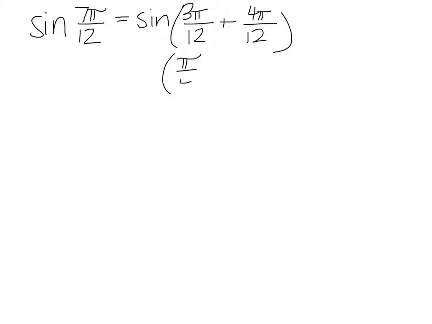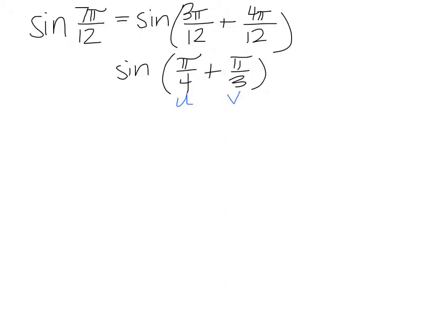That's on our unit circle. What does 4 pi over 12 simplify to be? Pi over 3. So what's going to be u? The letter u. Pi over 4. And that means v is my pi over 3.